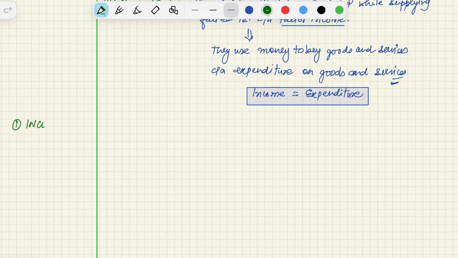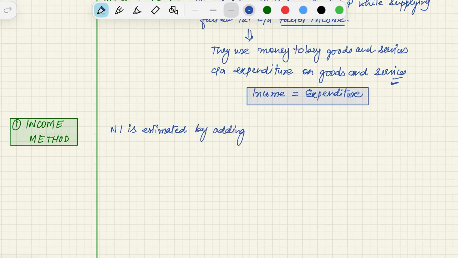First one is the income method. So what is the income method? Here national income is estimated by adding up incomes of all factors of production.